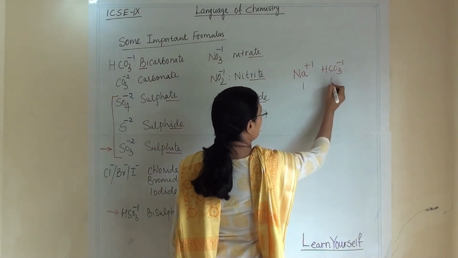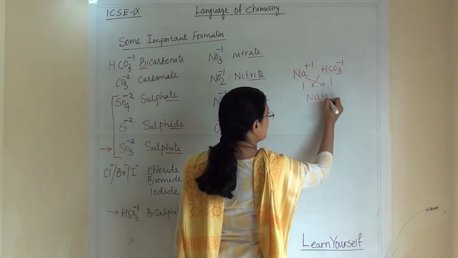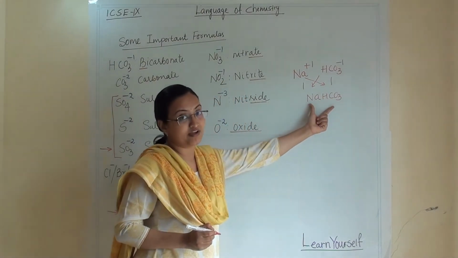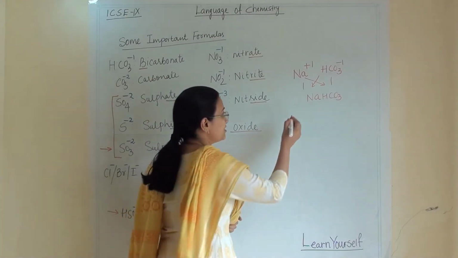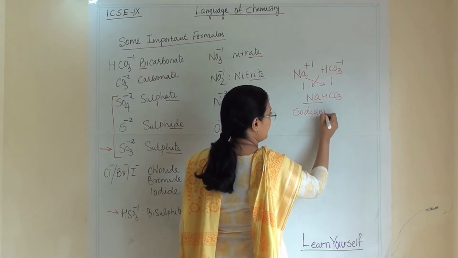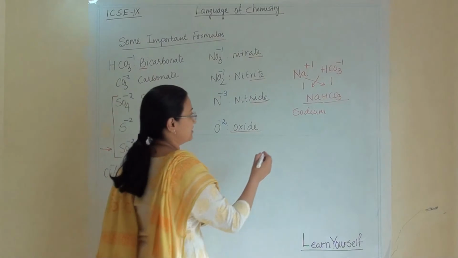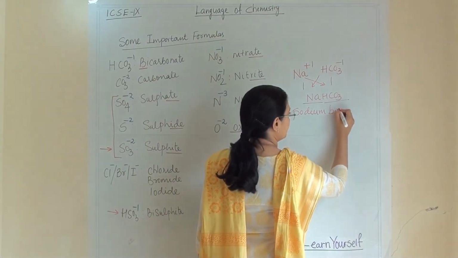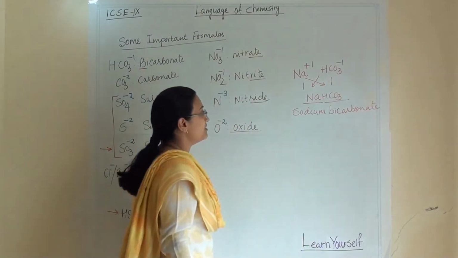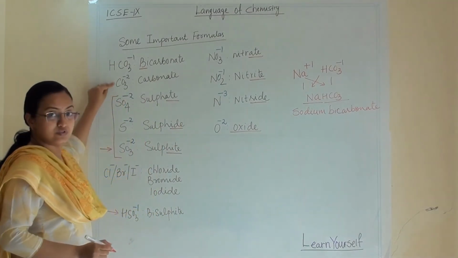So 1, 1 via the crisscross method, it will become NaHCO3. Now when we write the name of a compound, how do we write it? This we know is sodium, and from this we know it is bicarbonate. So the name of this compound is sodium bicarbonate.